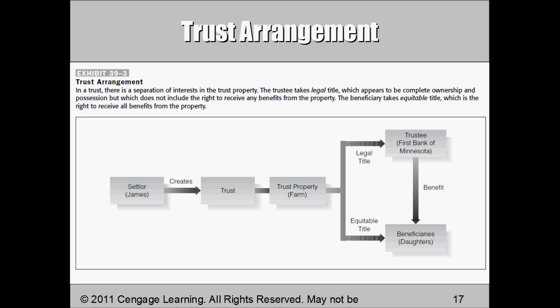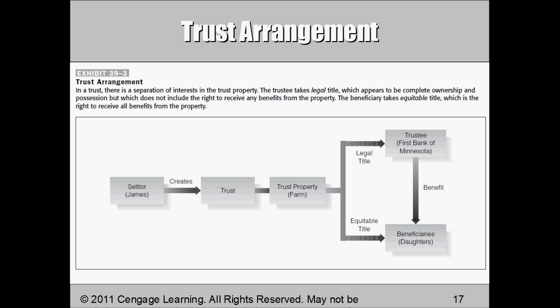So Exhibit 39.3 shows a trust arrangement. The person creating the trust is what's called the settlor. That would be James in this particular situation. And James creates the trust, and then the trust property is a farm, and then that legal title goes to the trustee, which is the bank in this situation, the First Bank of Minnesota, and so they have legal title.